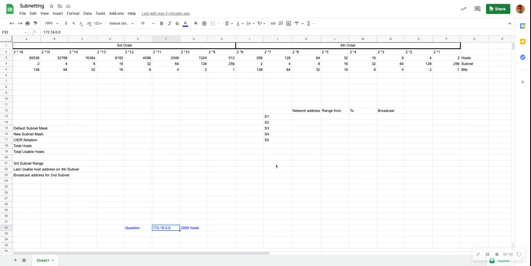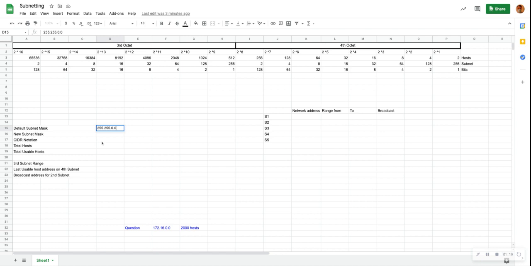Okay, so how we start from here is with a Class B, unlike the last Class C network we looked at. We're going to have a different default subnet mask. We know from our previous knowledge that by default, the slash notation for a Class B is a /16.